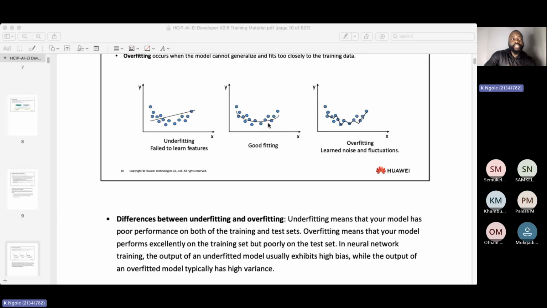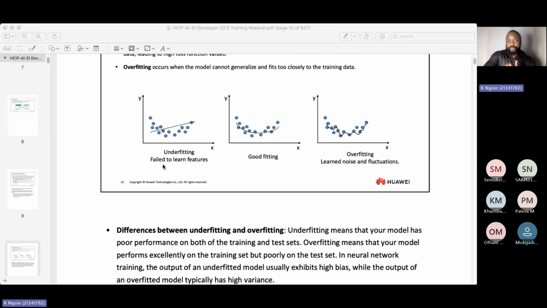So what can create an underfitting problem? For example, a lack of capacity, such as having just a few parameters and poor features, will give you an underfitting problem. When you're training a model, you have what we call the loss or the cost, which measures the inaccuracy of your model.